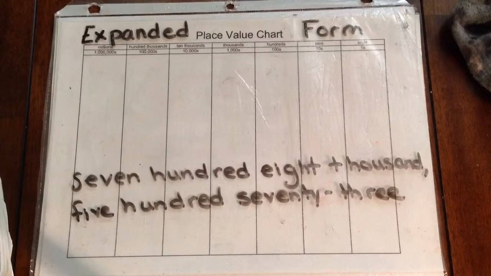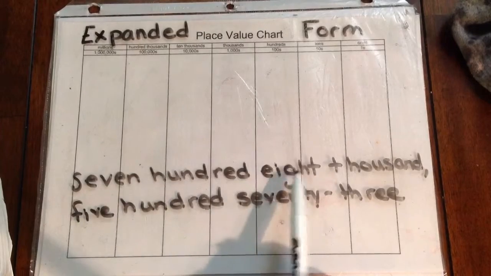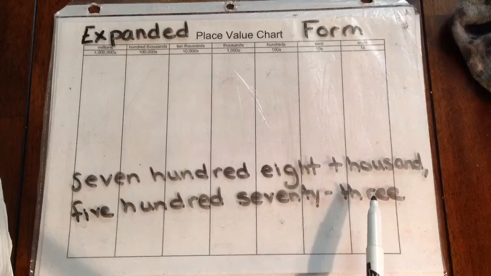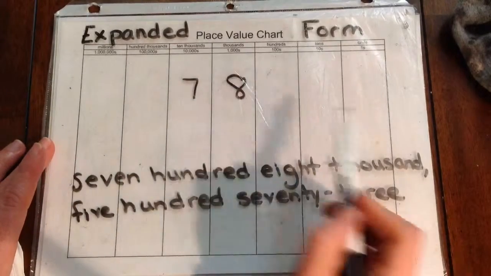So I've written my number out in word form. And this word is 708,573. So I'm going to write a number down, and I want you to let me know if you think I'm correct.